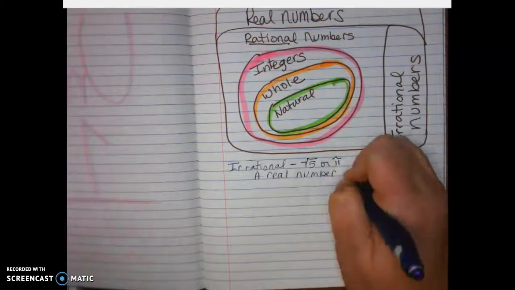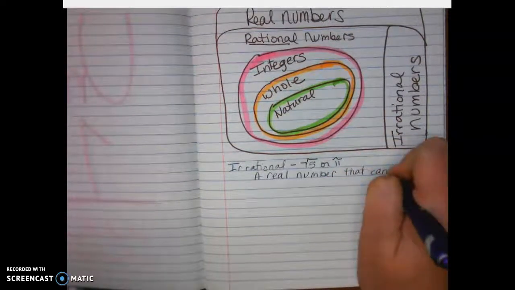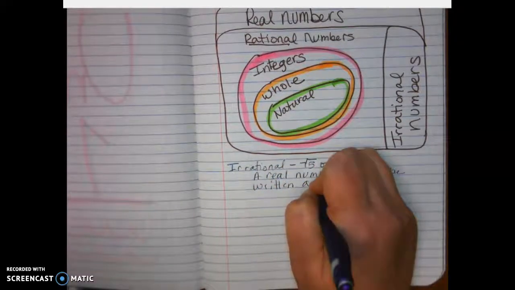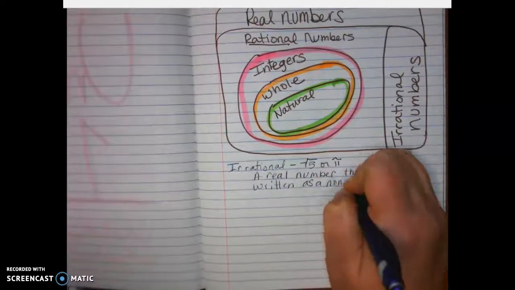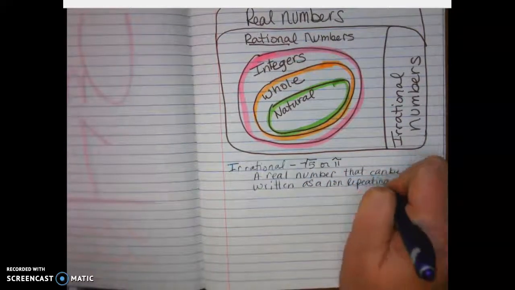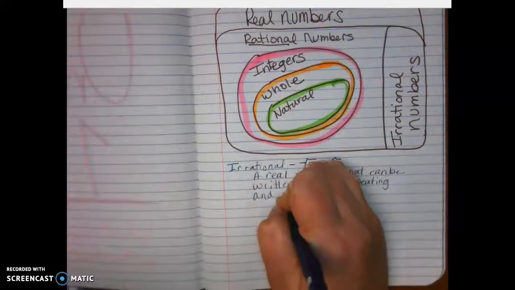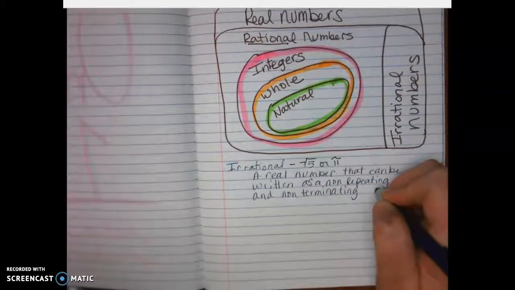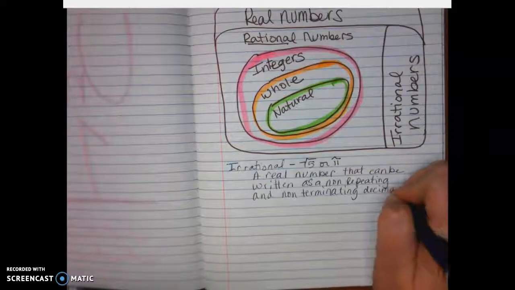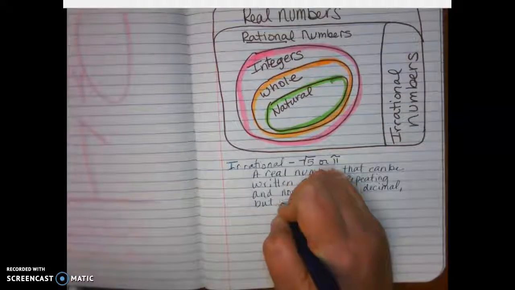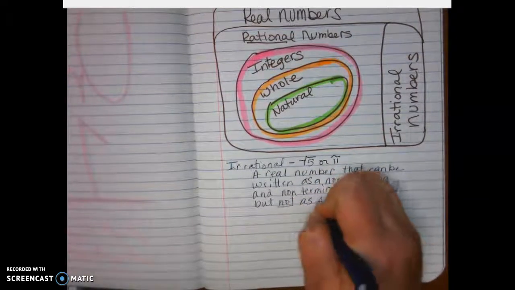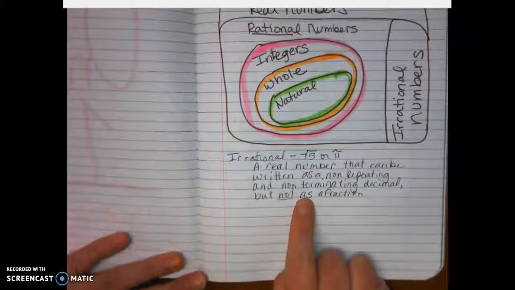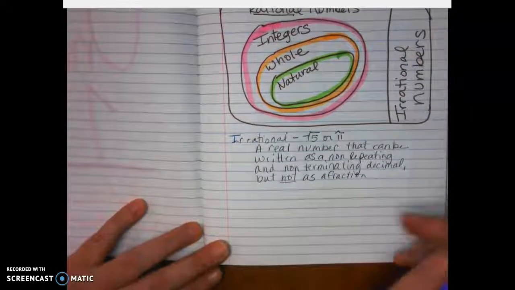A real number that can be written as a non-repeating and non-terminating decimal, but not as a fraction. Okay? We'll talk about that in class. Those are weird. We don't do a whole lot with those. Okay? Don't stress out about those.